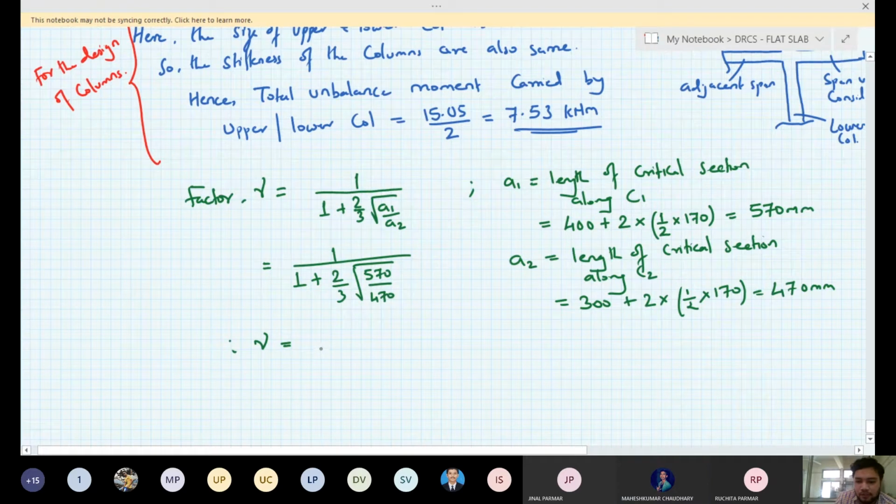Just check it. It is not that. See, it is 1 divided by 1 plus, you take this in one parenthesis. It is like this. Okay. Now you calculate this.